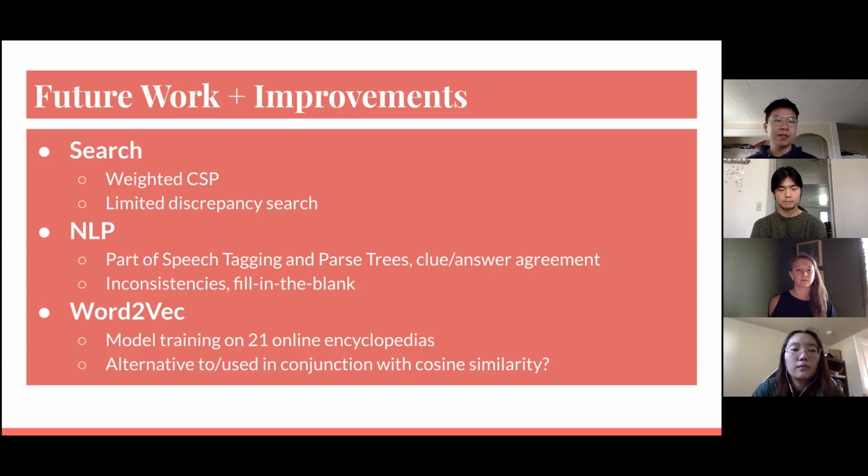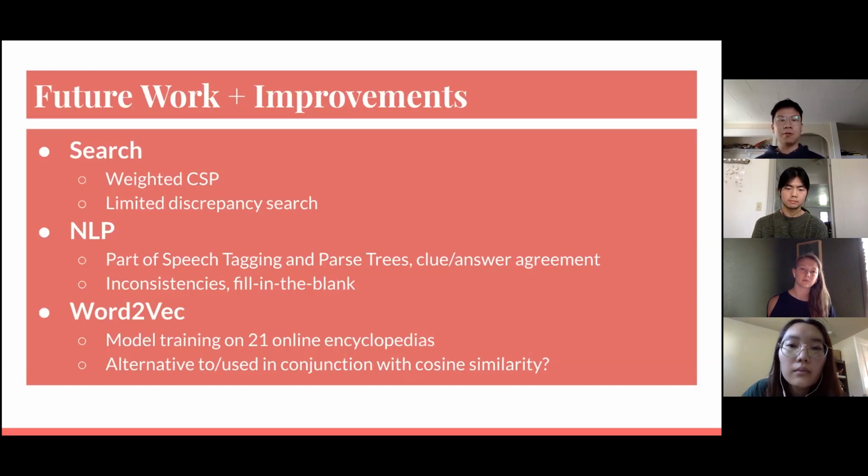And the next thing is that when we are running our program on a larger crossword puzzle, which is around 15 by 15, we are actually suffering a lot from making early mistakes. What does that mean?